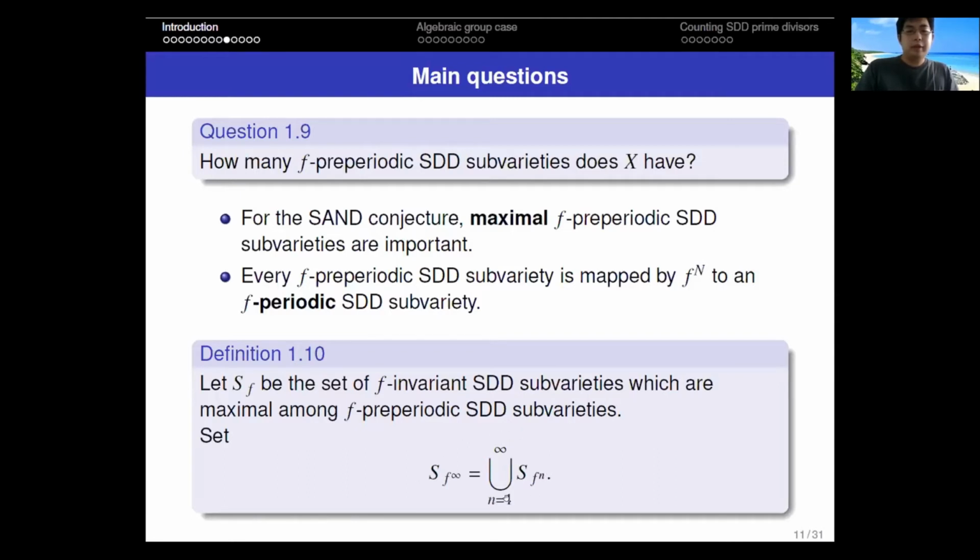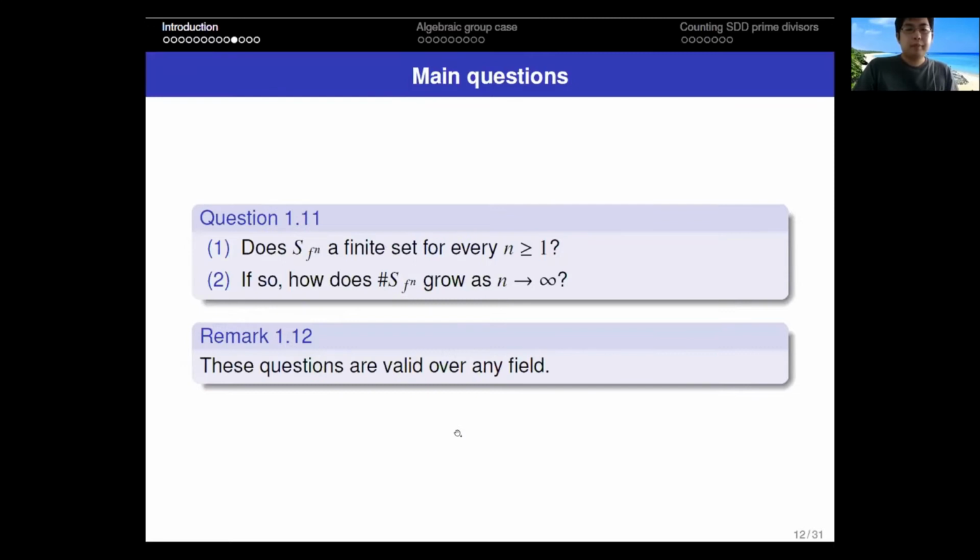This set is the set of all f-periodic maximal SDD subvarieties. And then we can make the first question more precise. First, is S_{f^n} a finite set for every positive integer n? And if so, how does the cardinality of this set S_{f^n} grow as n goes to infinity?